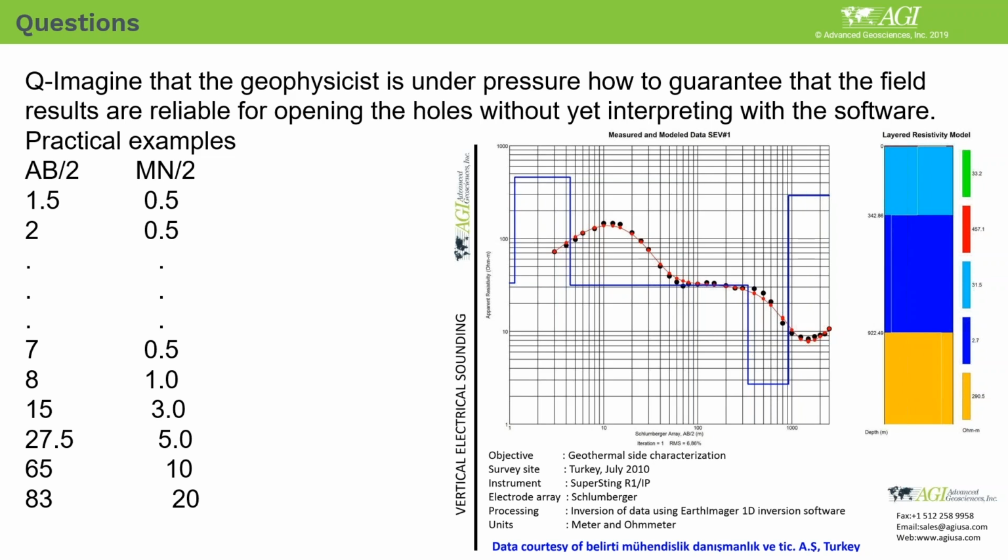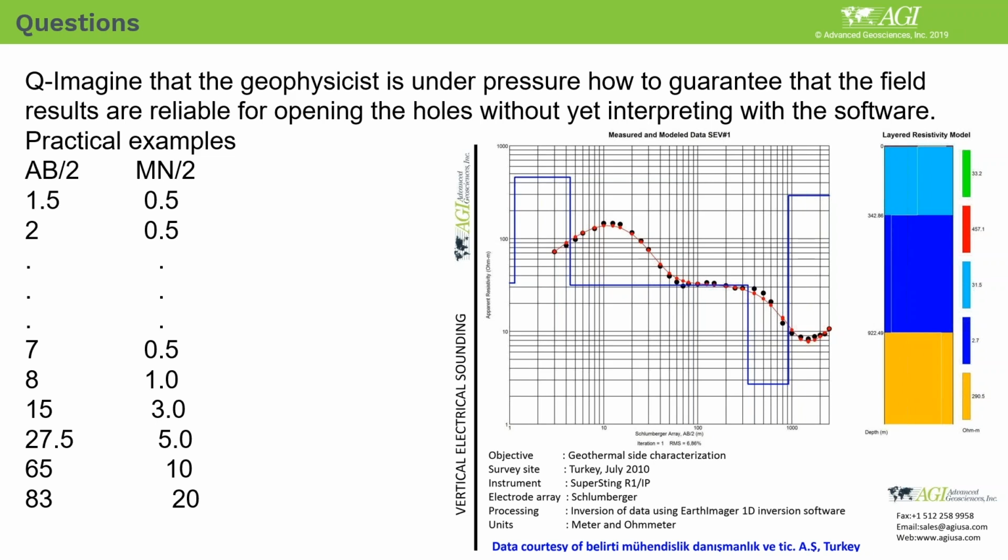Okay, can you please tell me about the capacity of the power source needed for borehole resistivity logging? The power source is just again, if you're using SuperSting, it operates on one battery or two batteries. One battery is sufficient for most studies. When you use one battery, you're powering up to a 200 watt power output.